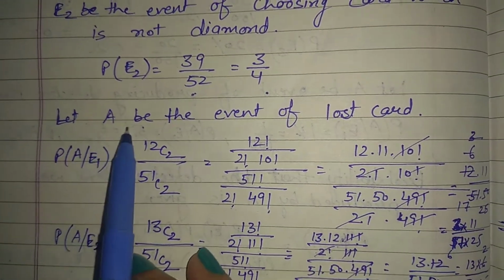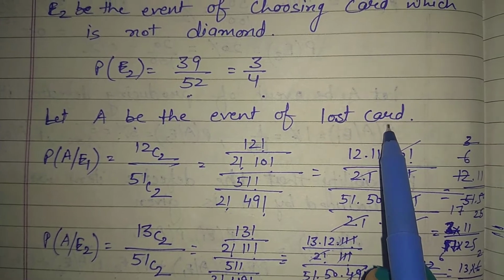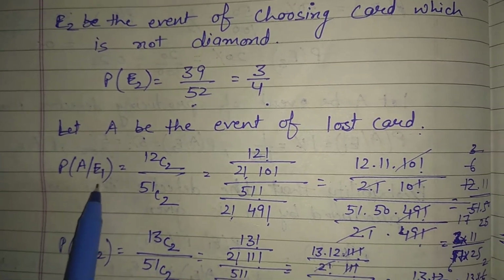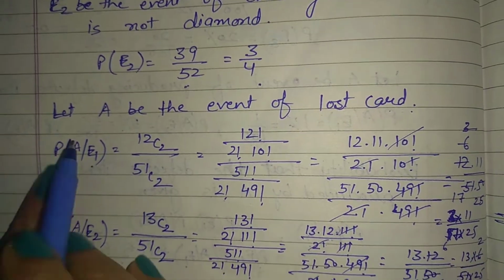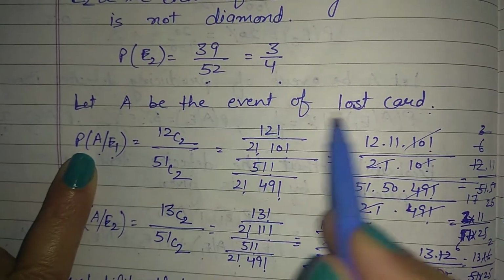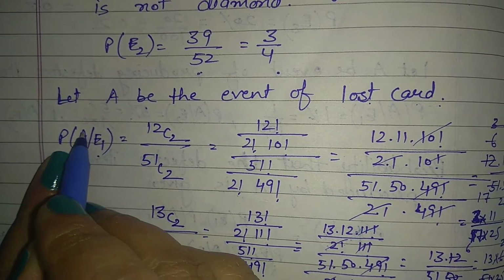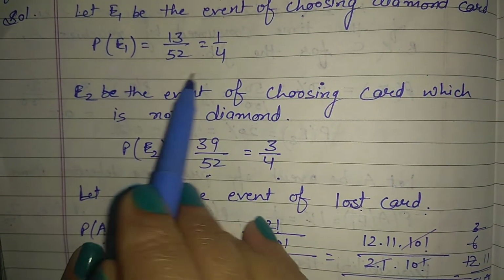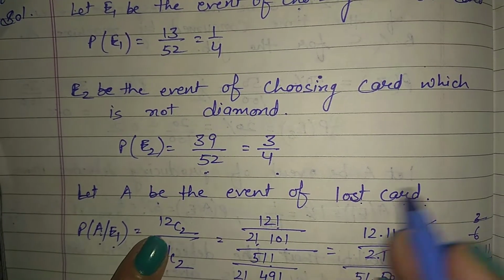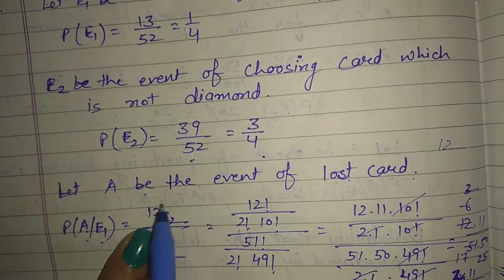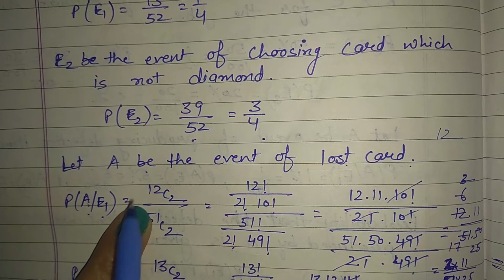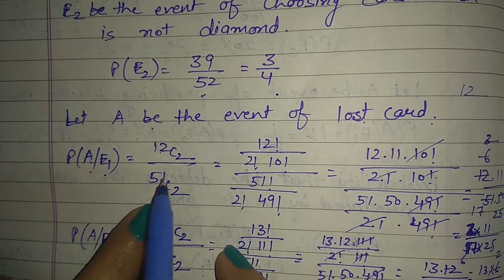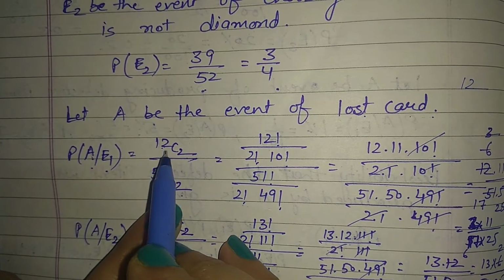And let A be the event of the lost card. So the probability is P(A|E1). A given E1 means the lost card is a diamond. Okay, and the lost card is suppose a diamond. So if a diamond card is lost, then how many remaining cards are there? 12 diamond cards, and we have to find 2 diamond cards. So we will find 2 diamond cards from these 12 C2, and total are 51 because 1 card is lost.